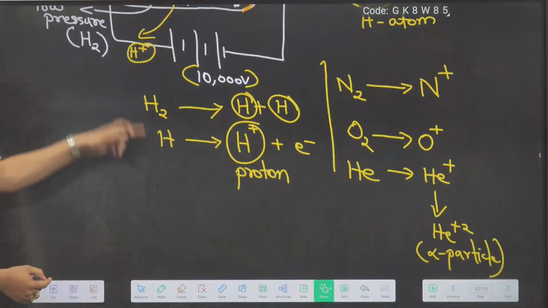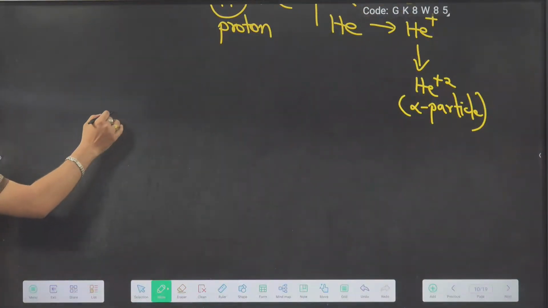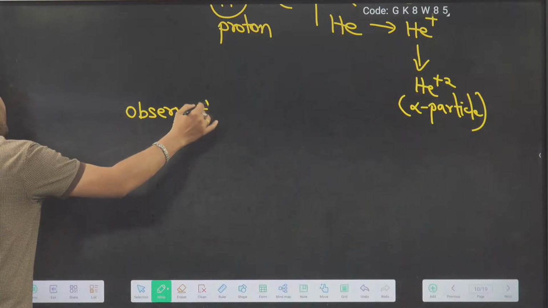Now my point is, in anode ray experiment, this is what we are doing. So some important points we are going to write now. Observation, I can say, what are the things we have observed here?